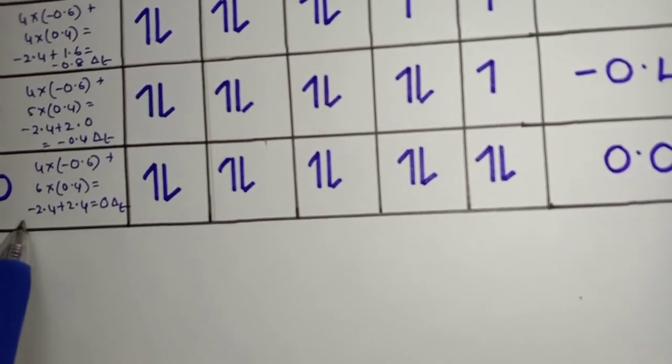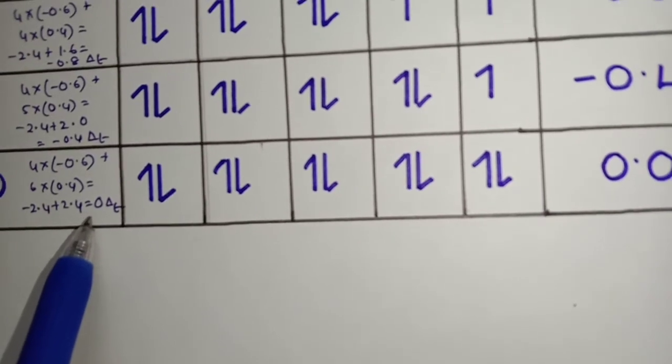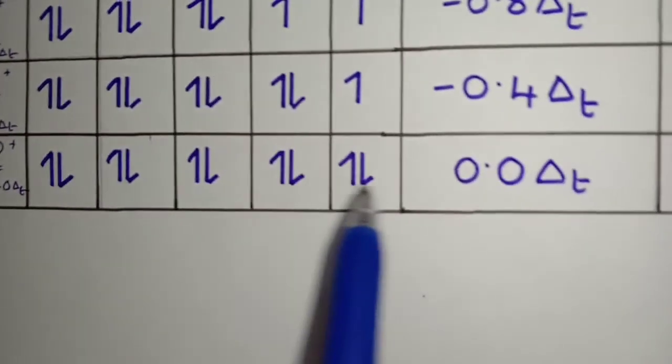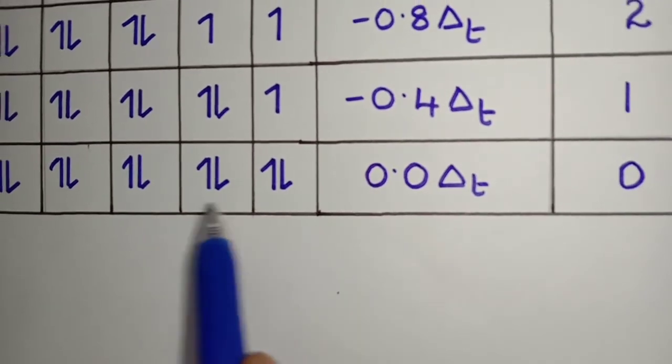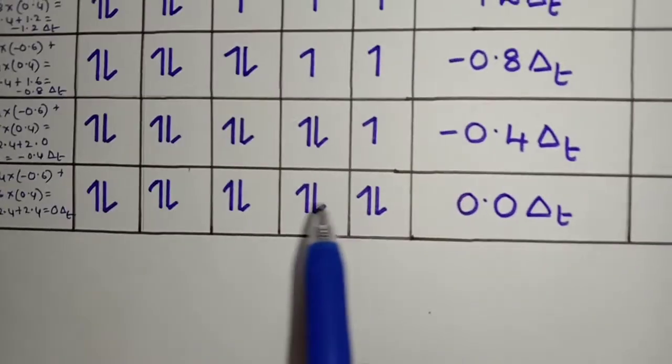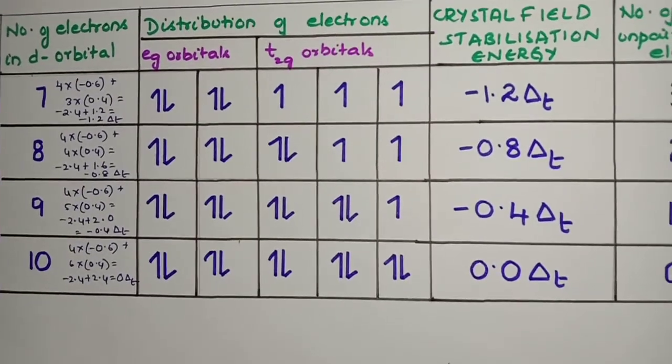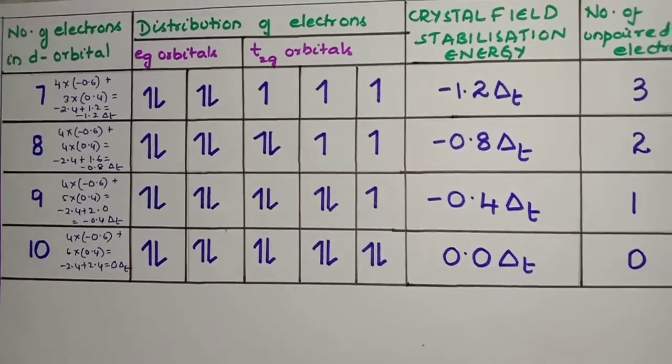It is equal to minus 2.4 plus 2.4, it is equal to 0. The same I have written here, 0. Number of unpaired electrons will be 0. So this is about when the number of electrons in d orbital is 10.